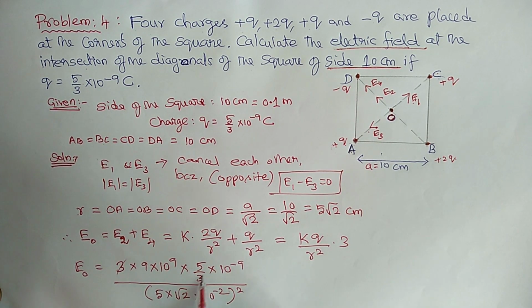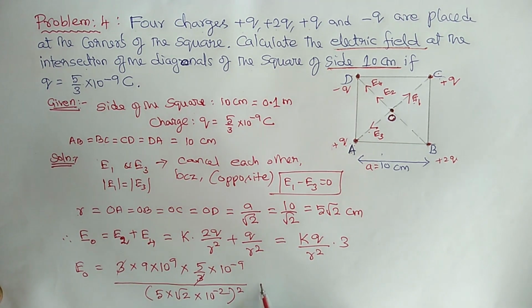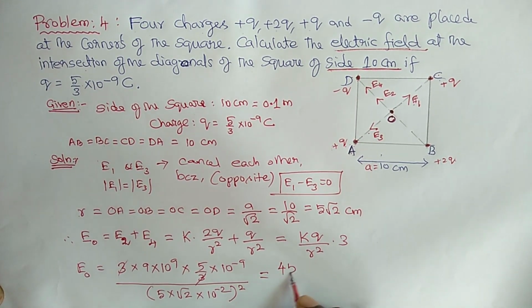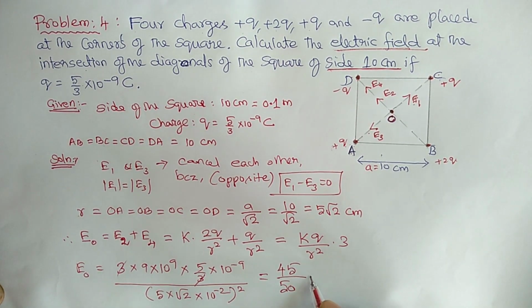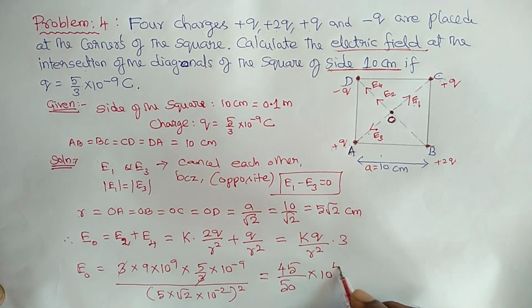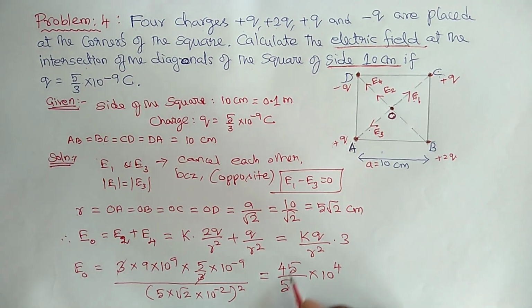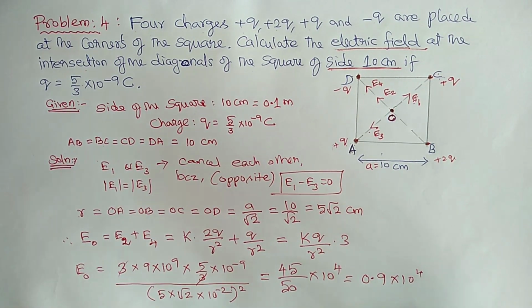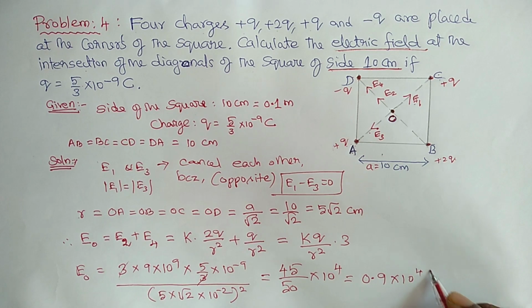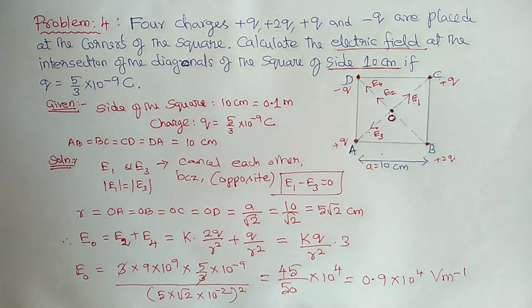The 3 gets cancelled, so remaining 5 into 9, 45. So 45 divided by, 5 square is 25, root 2 square is 2, so 50, into 10 power plus 4. Simplifying, this becomes around 0.9 into 10 power plus 4. So the electric field at point O is 0.9 into 10 power 4, and the unit of electric field is volt per meter.